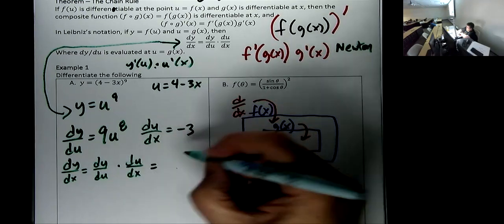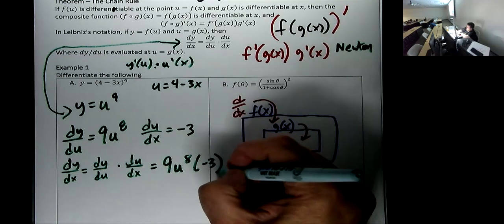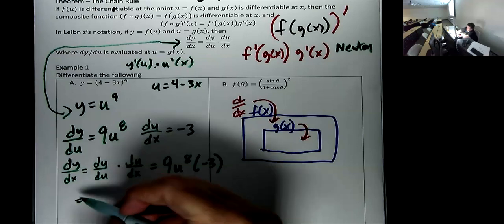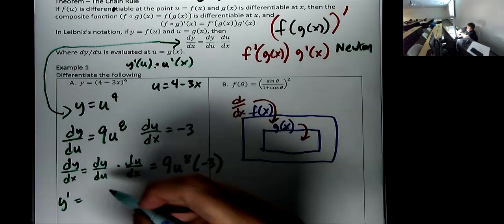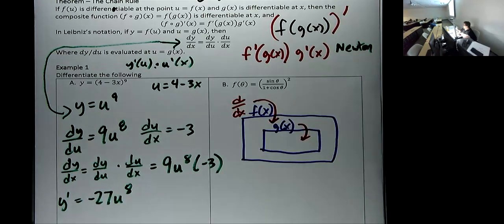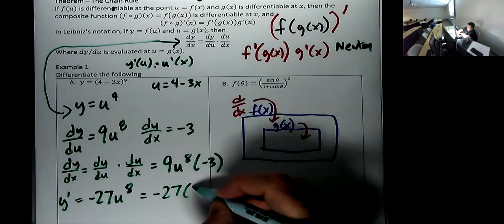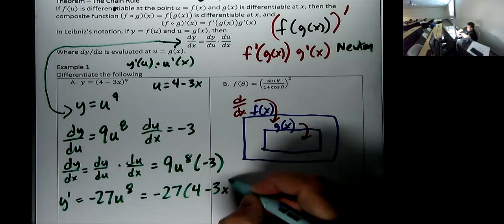What we have is 9u to the 8th times -3, which would be -27u to the 8th. But we didn't start with u, so we don't want to end with u. We're going to replace u with what we started with, 4 minus 3x.